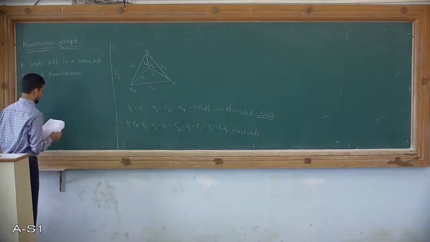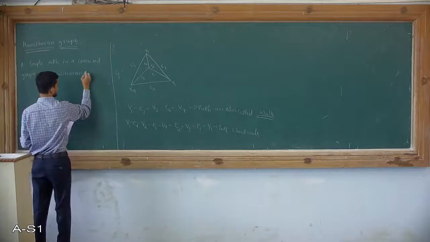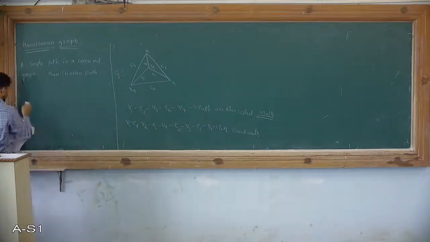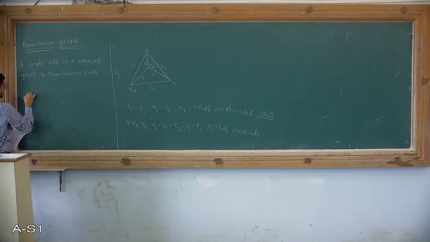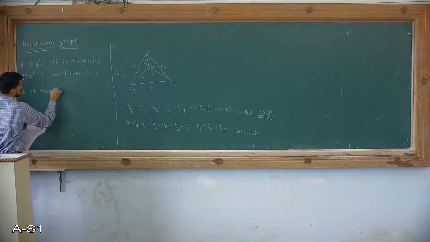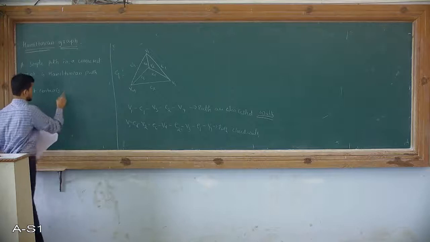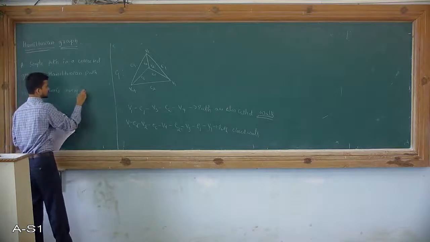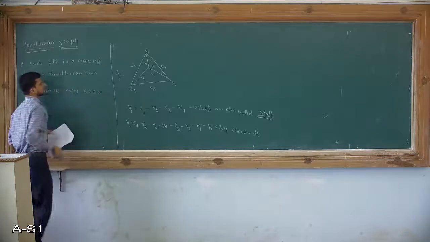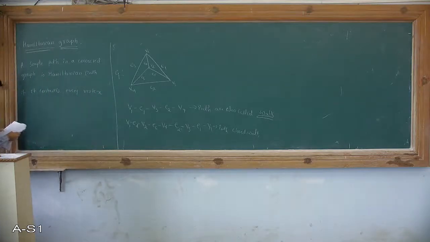A path is said to be a Hamiltonian path if it contains every vertex.